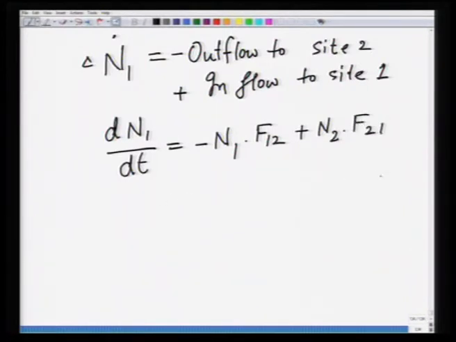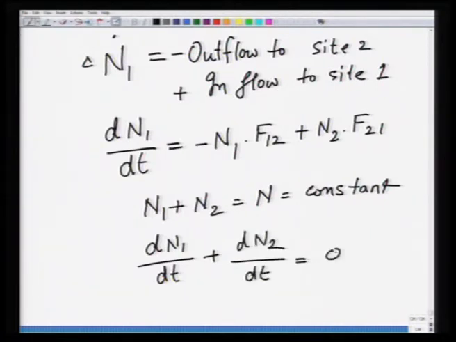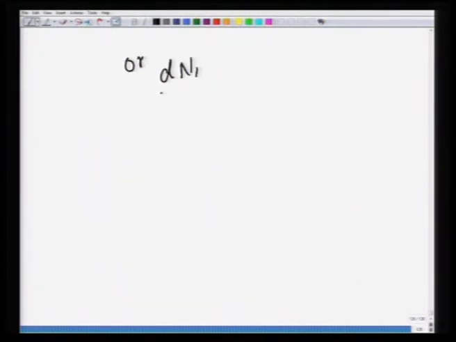Okay. Now we know that for a given material, n1 plus n2 is equal to n, which is constant, because n1 and n2 don't change; nothing is coming from outside and nothing is going out. As a result, we can write dn1 by dt plus dn2 by dt is equal to 0, because n is constant, or dn1 by dt is equal to minus dn2 by dt.